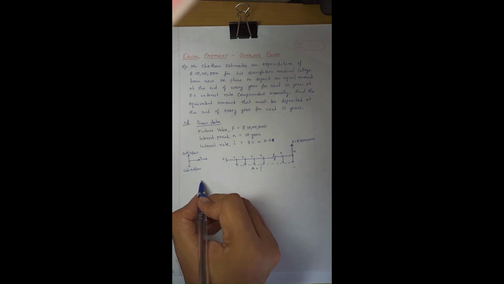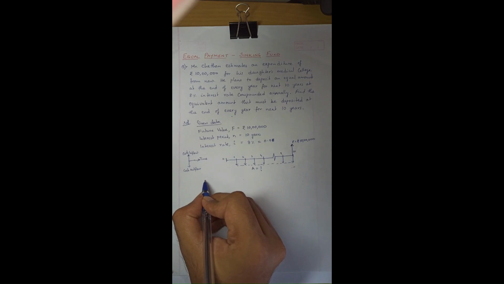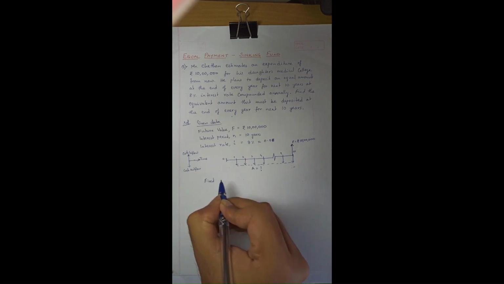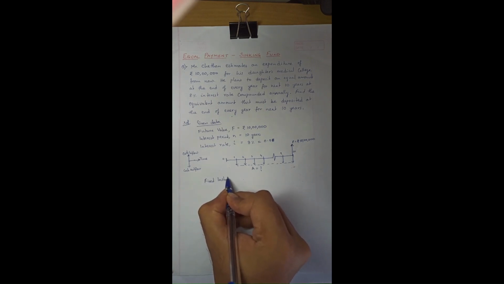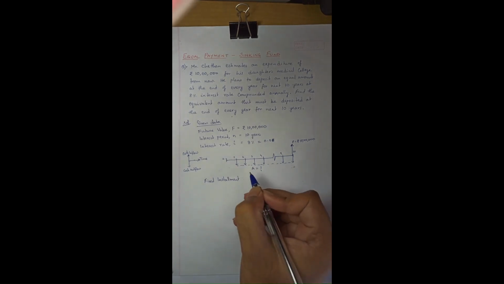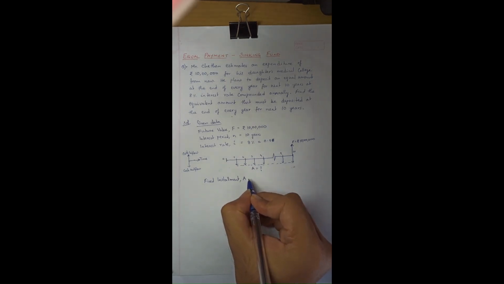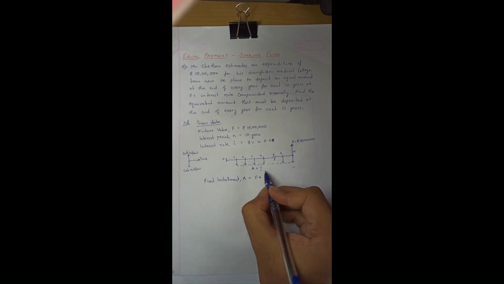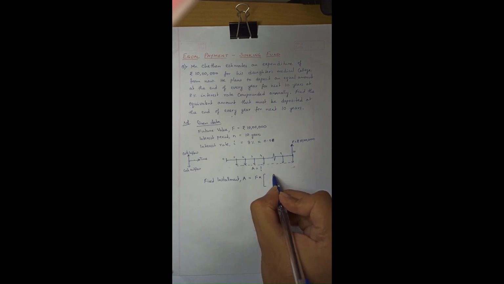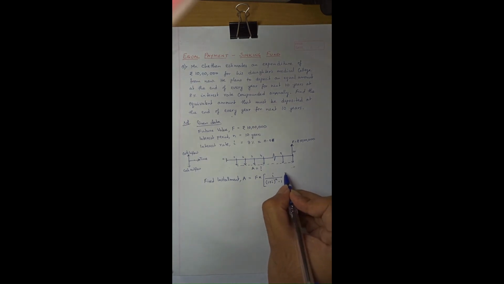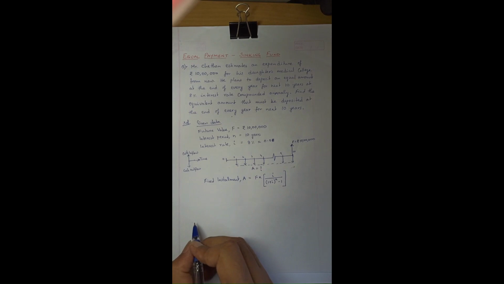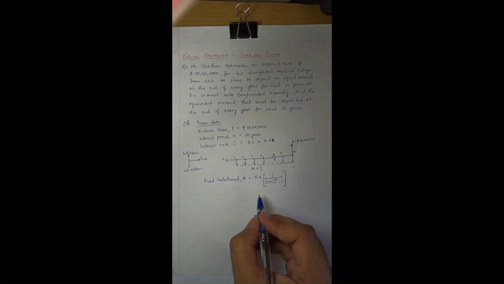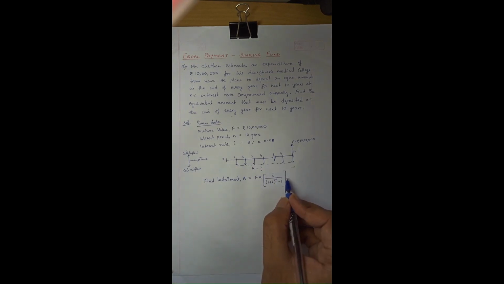So we have the equation to determine the fixed installment. Fixed installment, which is the annuity, is equal to future sum multiplied by I divided by (1 plus I) to the power of n minus 1. So I'll substitute the values for this particular equation.